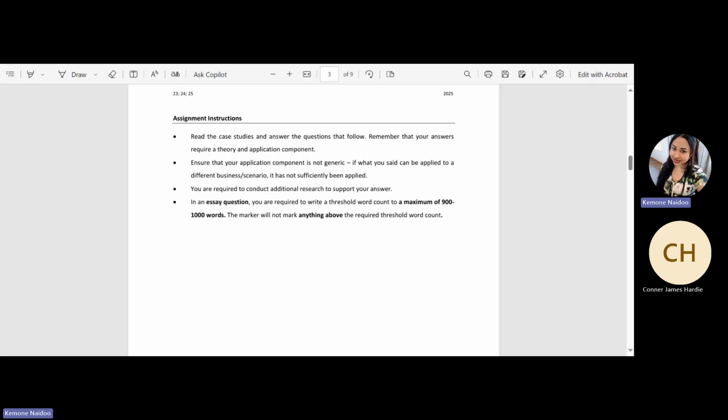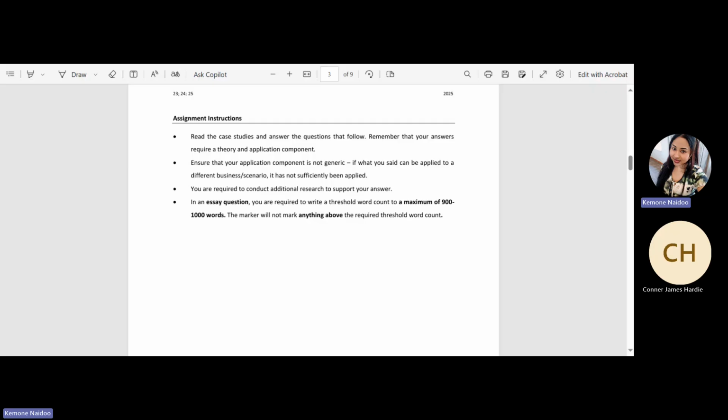It also gives more depth to your answers. It shows that you actually went out of your way to show a better understanding, to support your examples, to support existing theory, all of those things. It does say here you are required to do that, so make sure that you do that.